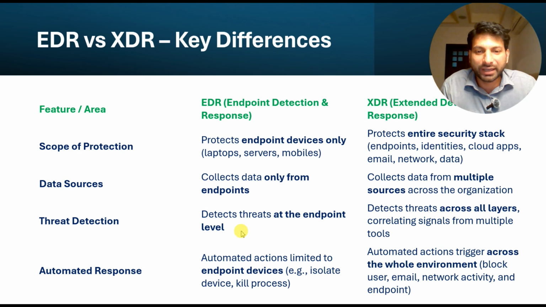For threat detection, EDR detects threats at the endpoint level, while XDR detects threats across all layers, correlating signals from multiple tools. So that is what XDR does.